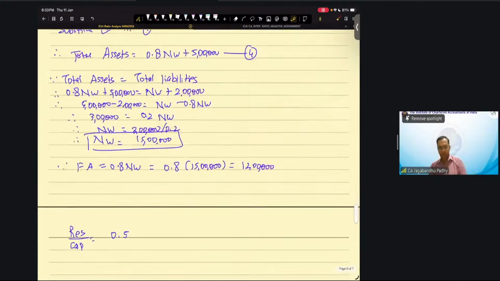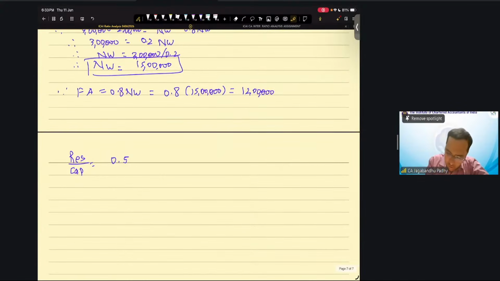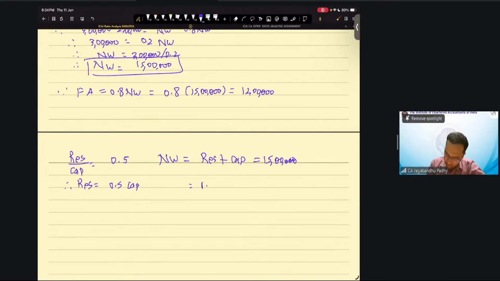Okay, reserves and surplus is 0.5. Now, we know that net worth is reserves plus capital, which is 15 lakh. So reserves is 0.5 times of capital, plus capital is going to be equal to 15 lakh.